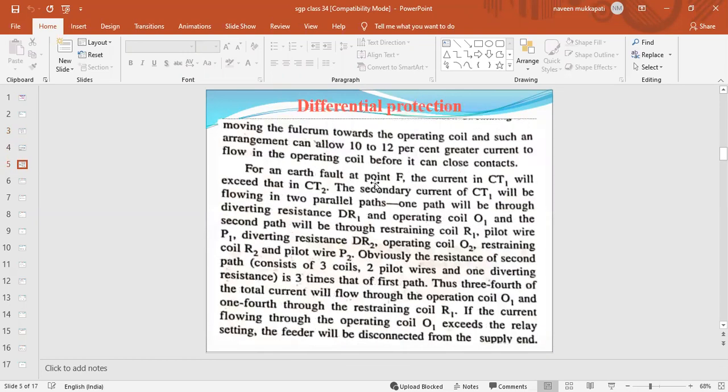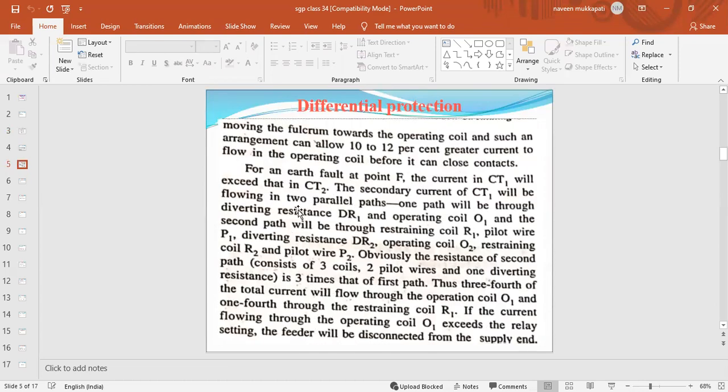For an earth fault at point F, the current in CT1 will exceed that in CT2. Therefore an unbalance will be obtained between these two CTs. The secondary current of CT1 will flow in two parallel paths.